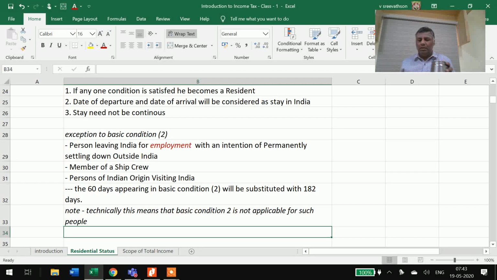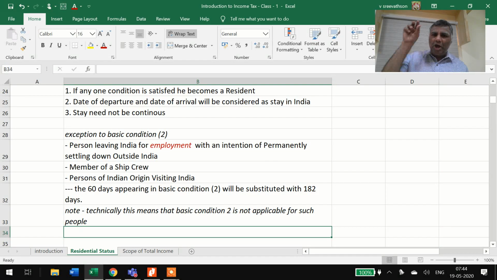Sir, person of Indian origin. Your voice is not clear. Can you repeat? Person of Indian origin, Indian citizen. What is persons of Indian origin? I'll come to that. Our friend is right. Persons of Indian origin means he is an Indian citizen, father, grandfather also.